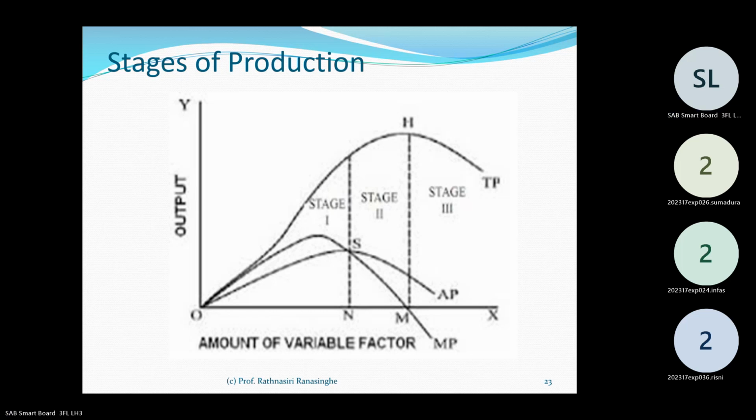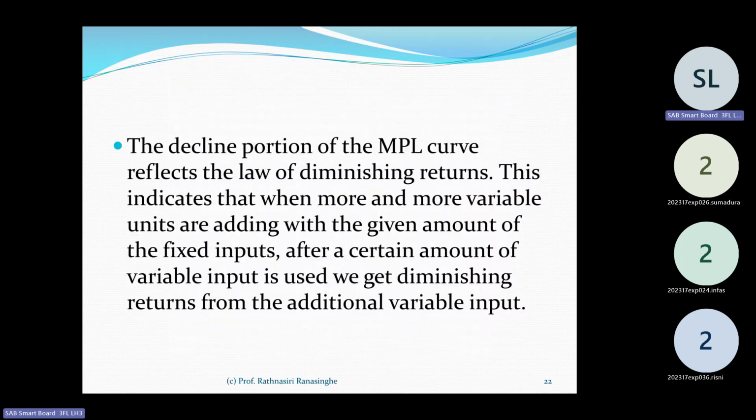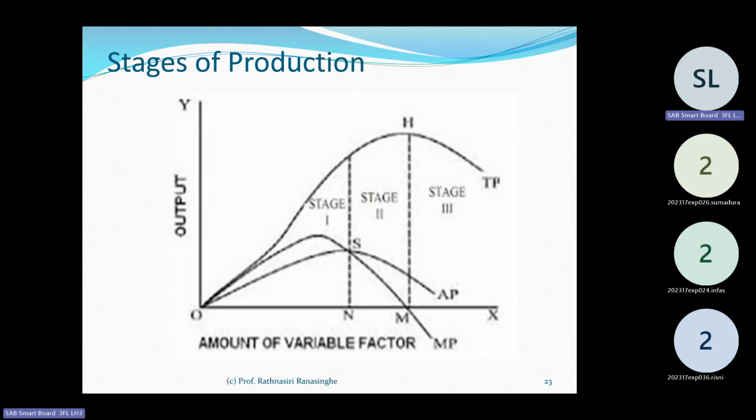The first stage is up to this point, the inputs where the average productivity is maximized. We see the marginal productivity also increase and then tend to decrease somewhat, but here average productivity continuously increases. So that is the first stage. In the second stage, both average productivity and marginal productivity are present, but here marginal productivity is positive.